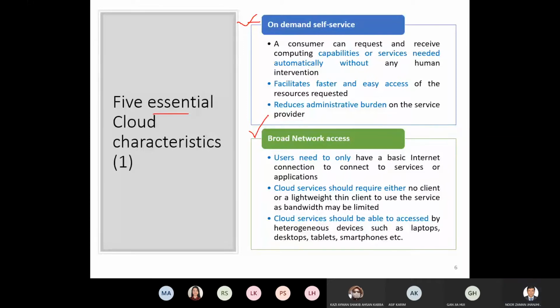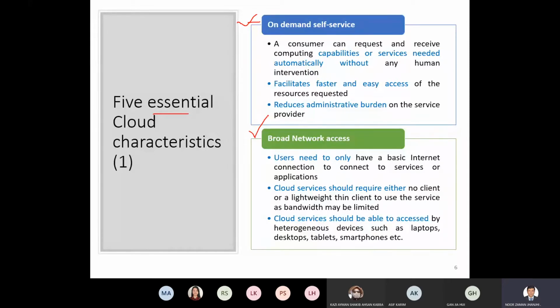Users only need a basic internet connection, and after getting it, they should be able to access the services they require.